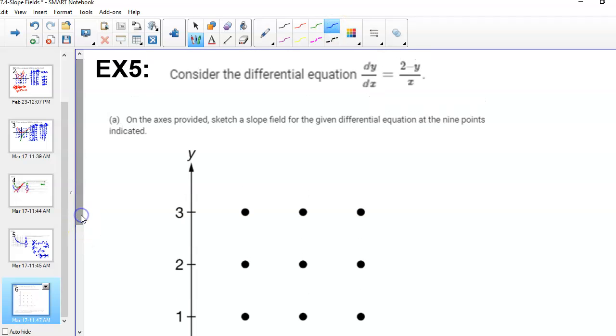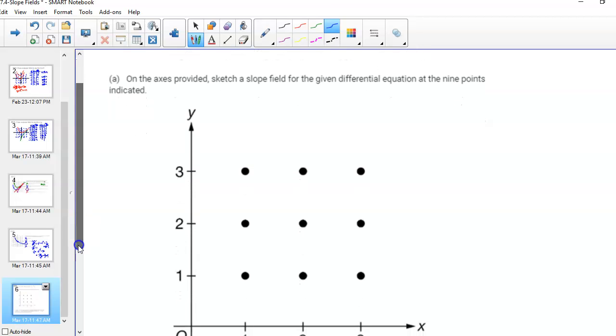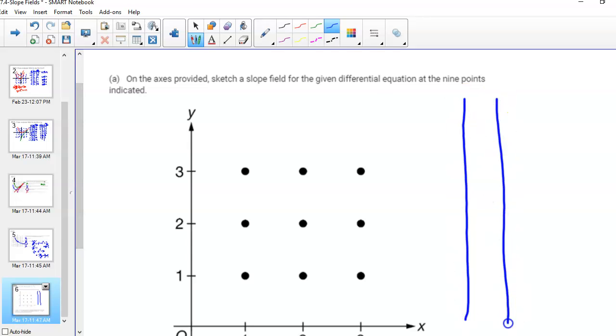And so we've got a differential equation, dy over dx equals 2 minus y over x, and we need to sketch the slope field. So I'm just going to make myself a chart here for this. And for this chart, we've got x, y, and dy over dx.